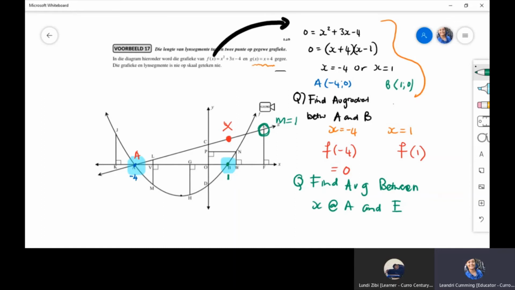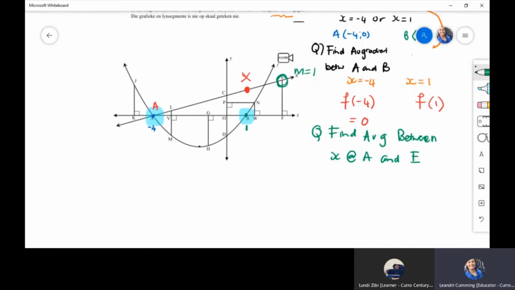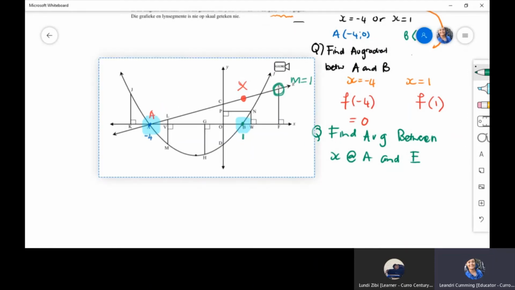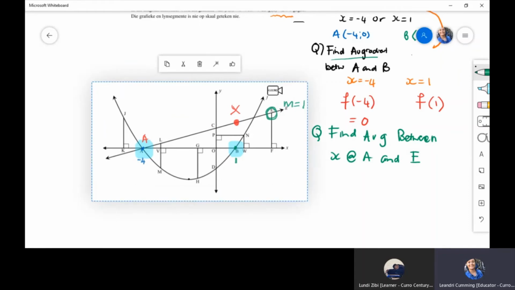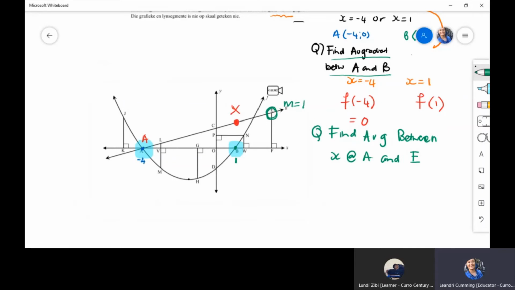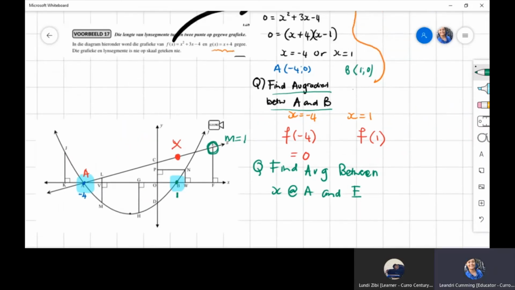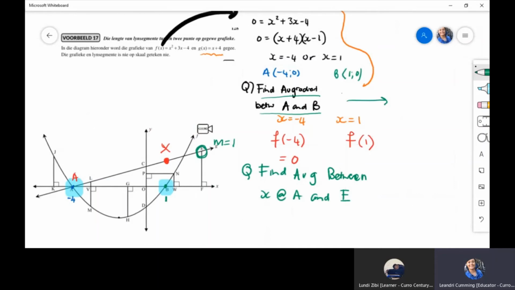If we are asked, find the average gradient between A and B, let me go back to the first one. Find my average gradient between A and B. If AO or OA is equal to 4, then what would this mean?